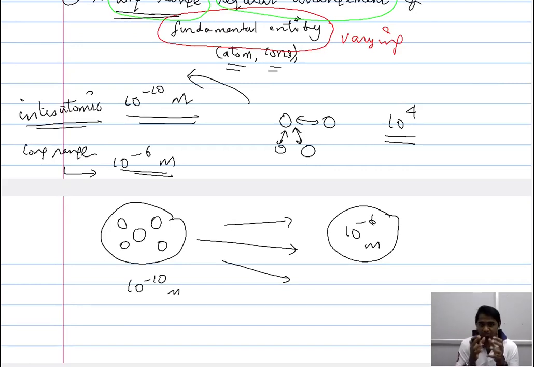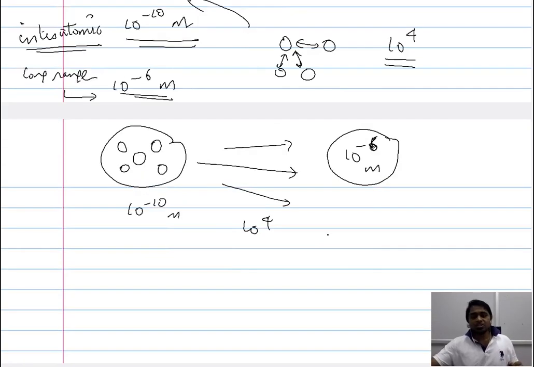So we can say an arrangement is regular and long range when what you observe extends 10 to the power 4 times what is arranged locally. The local arrangement of the atoms is just 10 to the power minus 10 meters, and if you keep on extending it, only when you reach 10 to the power minus 6 meters can we refer to it as long range.